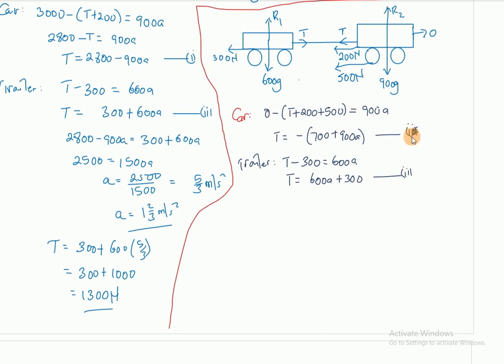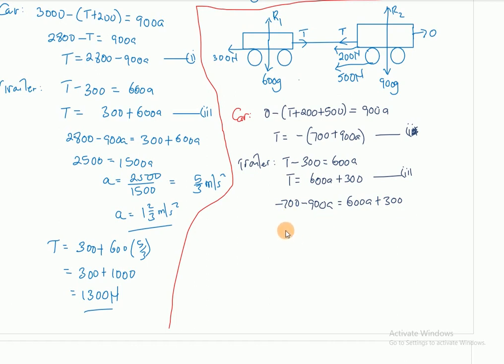When we add the two equations, we shall have negative 700 minus 900A equal to 600A plus 300.